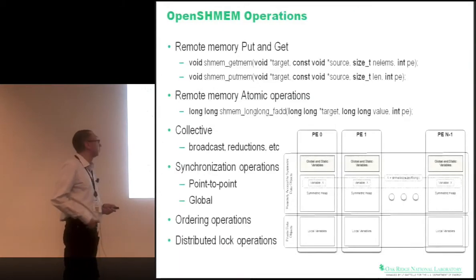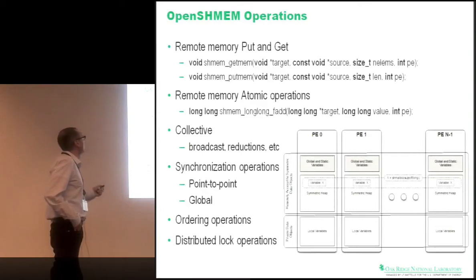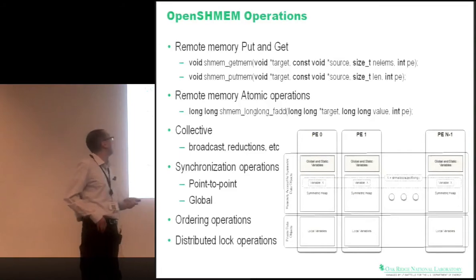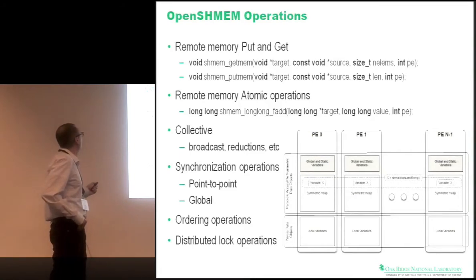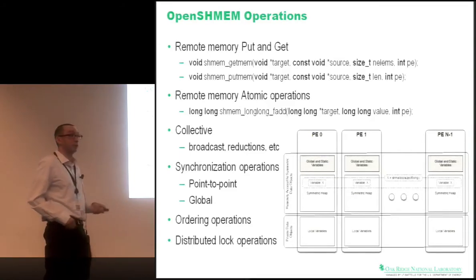SHMEM operations. I put here just some function signatures, some examples of how it really looks. The API exposes remote memory put and get operations. With put, essentially you write to remote memory. With get, you read from remote memory.